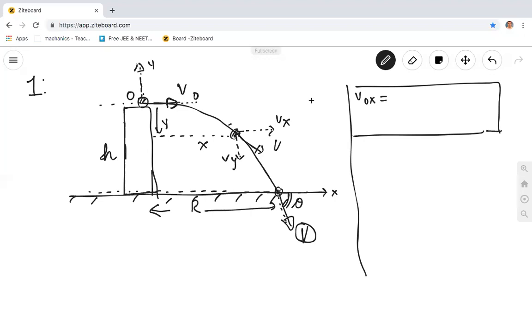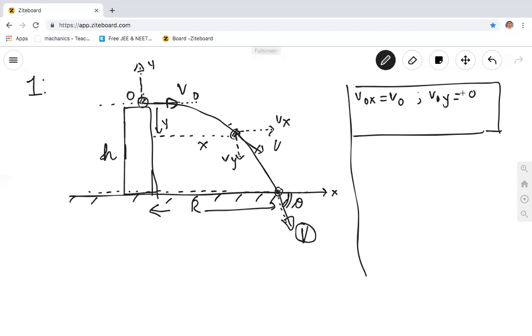What is V0x? Just V0, good. Not V0 cos theta, because the total velocity is in the horizontal direction. So the initial horizontal velocity is V0 total. Yes, sir. What is V0y? 0. Initial vertical velocity is 0, good.